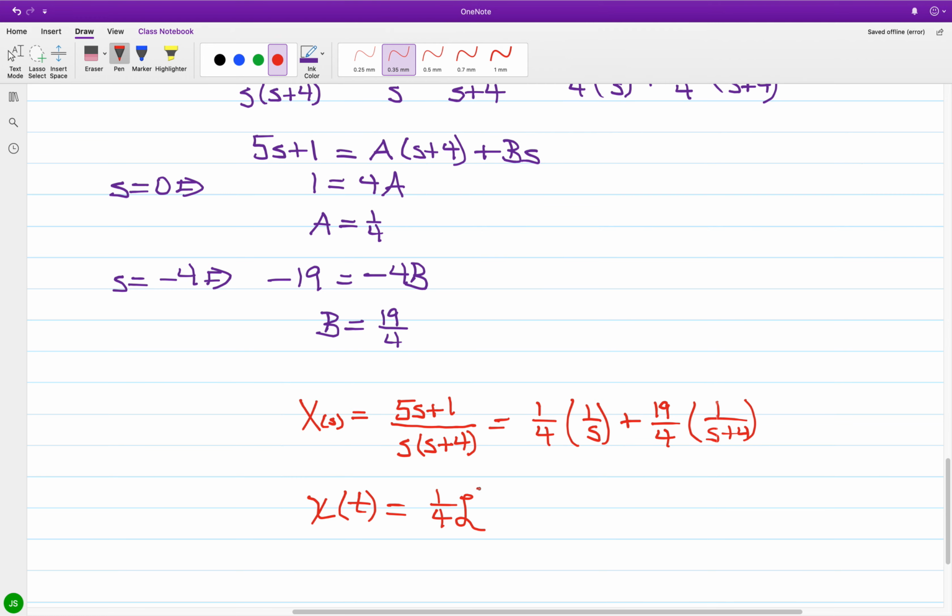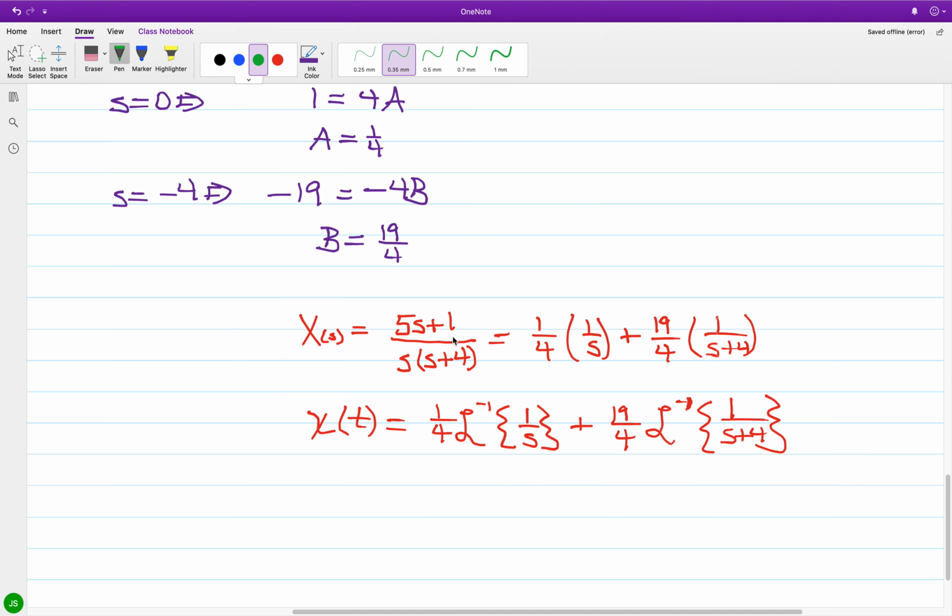Now, for x of t, taking the inverse Laplace transforms, we have 1/4 of the inverse Laplace transform of 1 over s, plus 19/4 of the inverse Laplace transform of the reciprocal of s plus 4. The inverse Laplace transform of 1 over s will go to 1.